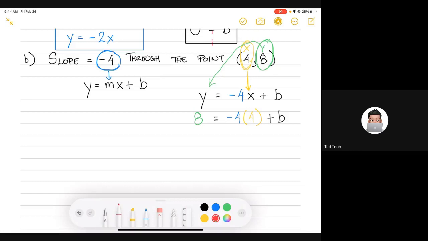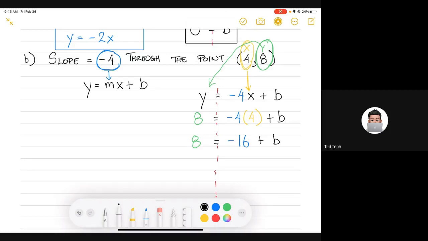From here, I'm going to draw my dotted line. It's kind of like a question from the last unit. I'm left with 8 on this side. -4 times 4 is going to be -16. Plus b is going to be on the end.